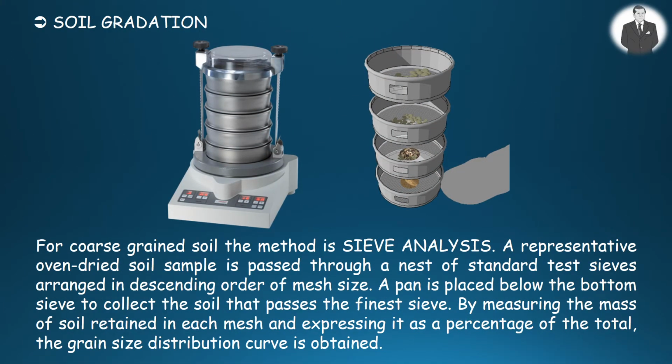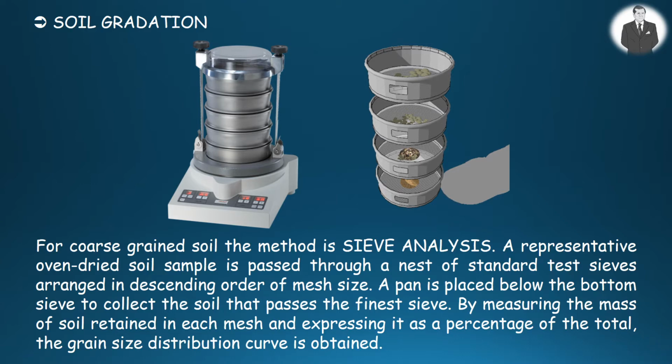For the particle size determination of coarse-grained soil, the method is sieve analysis. A representative oven-dried soil sample is sifted through a nest of standard test sieves formed in descending order of mesh size.